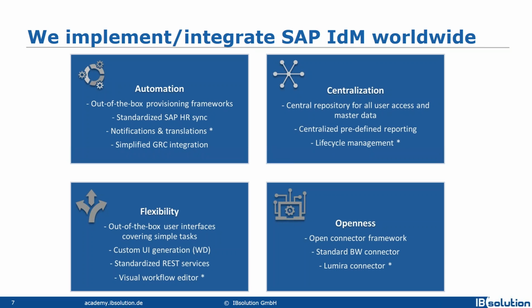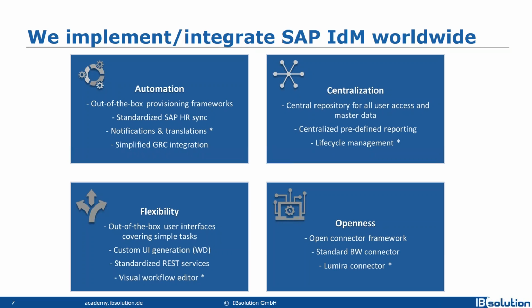And IDM 8 is the new release that's been available on the market since last year. So if you possess that license, then the star features are also available for you. Of course, simplified GRC integration is also quite important for most customers, to integrate the delivery of privileges together with GRC checks in order to make sure that everything is compliant.